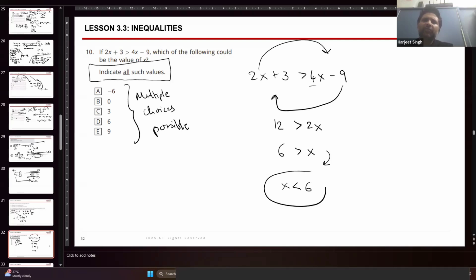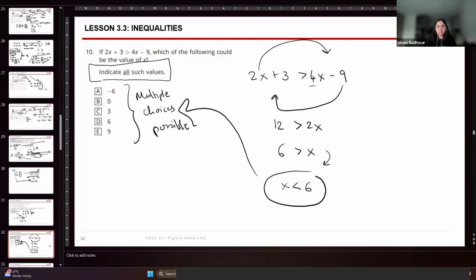If this is the solution, which values will satisfy? Minus 6, 0, and 3. Right. So when you want to solve an inequality, collect all the variable terms together, the constants together.